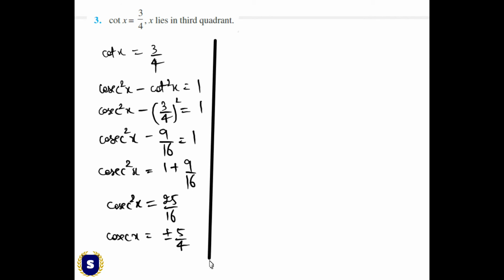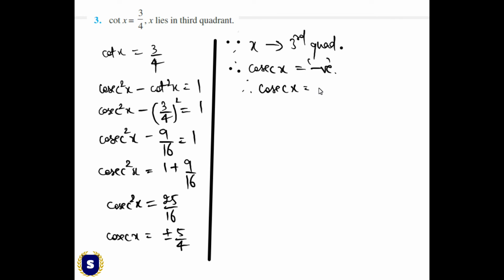Again, since x lies in the third quadrant, therefore cosec x must be negative. Therefore cosec x is equal to minus 5 by 4.